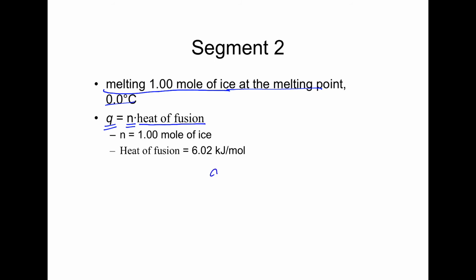So for us, Q is going to be equal to the number of moles, 1 mole, times the delta H of fusion, which I looked up. It was on the previous heating curve slide, like this. Now the units cancel out here, and I get kilojoules. And what I get on my calculator is just 6.02 kilojoules.